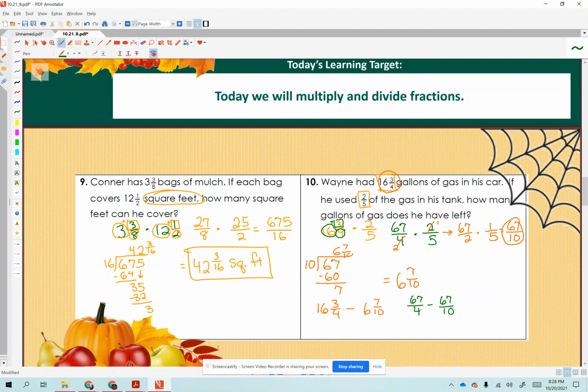But now we need a common denominator. So the LCM, the least common multiple of 4 and 10, well, if we look at multiples of 10, we have 10, 20, 30, and then we have 40. But if I look at 20, that's a multiple of 4 and 10. So I'm going to convert both these denominators to 20ths. And I think I'm going to use some extra space for this.